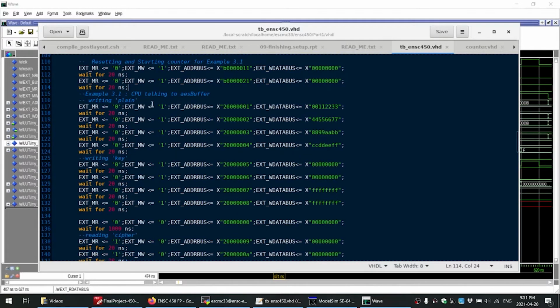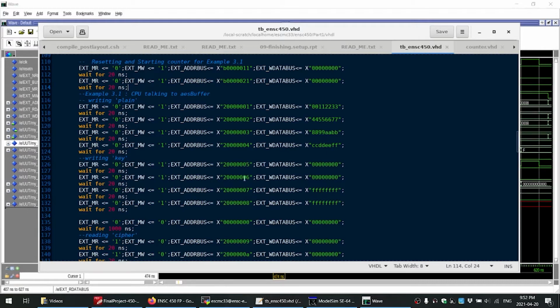We can see that the CPU writes the plain text and then the key. The addressing is just linear. Writing to addresses 1 2 3 4, 1 to 4, will be the whole of plain text, all the 128 bits of the plain text.